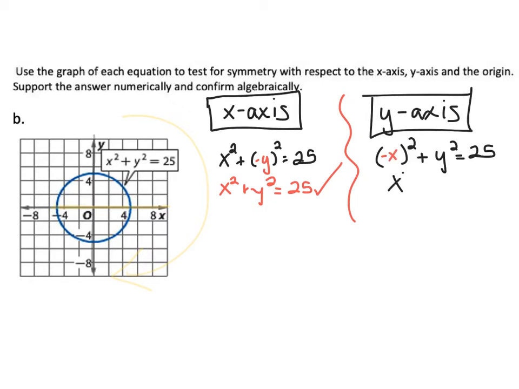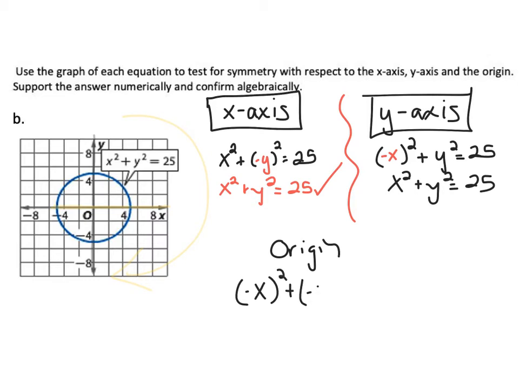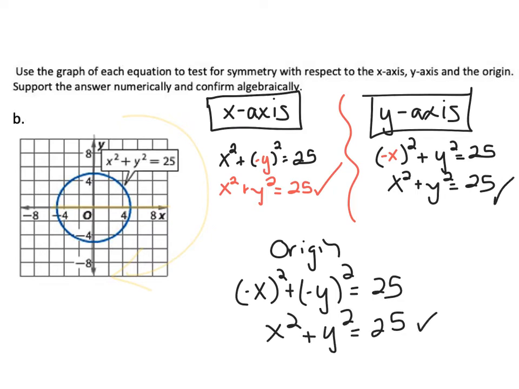When I square that, again, I get this exact same equation. And for symmetry with respect to the origin, I need to replace both letters with their opposites. Again, when I square both, I get back to two positives. So I have algebraically confirmed that I have all three types of symmetry.